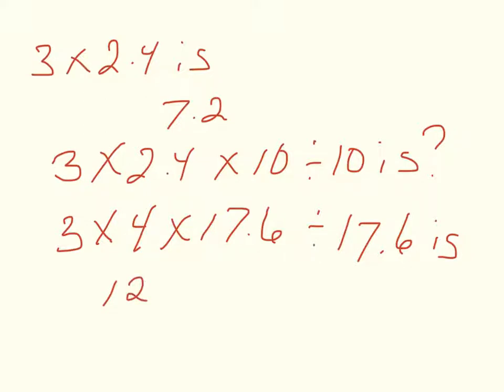Why? That's right, because when you multiply something by a number and then you divide by the same number, you end up with your original number.